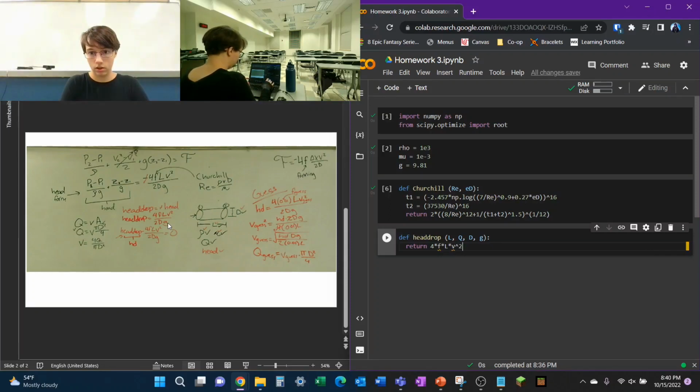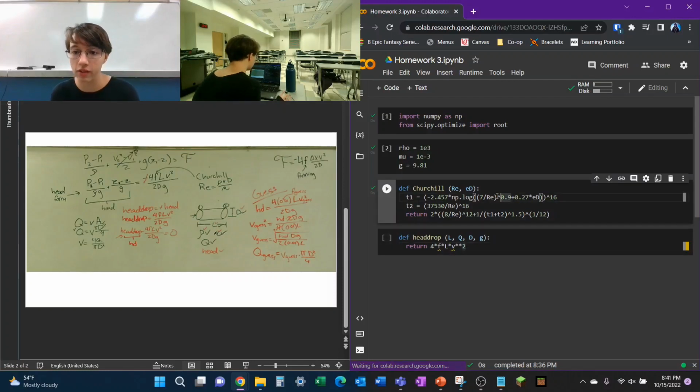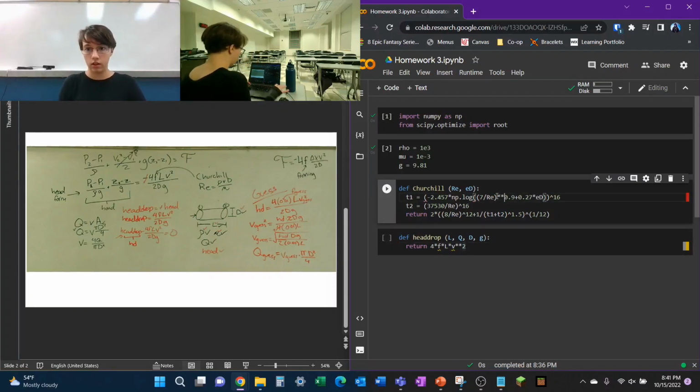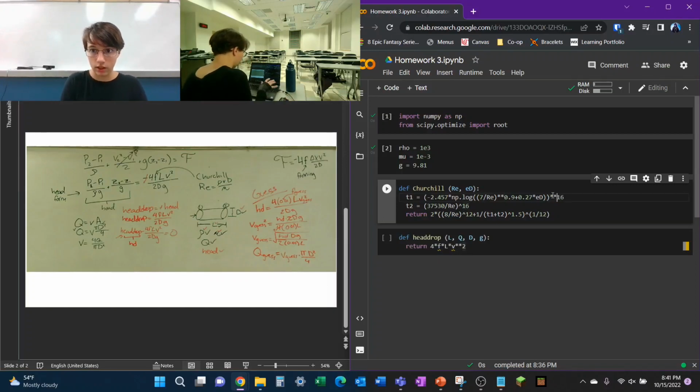Oh wait. Okay. In Python it should be the 2 asterisks that is the correct notation for a power, not the caret. So let me just take care of that real quick.